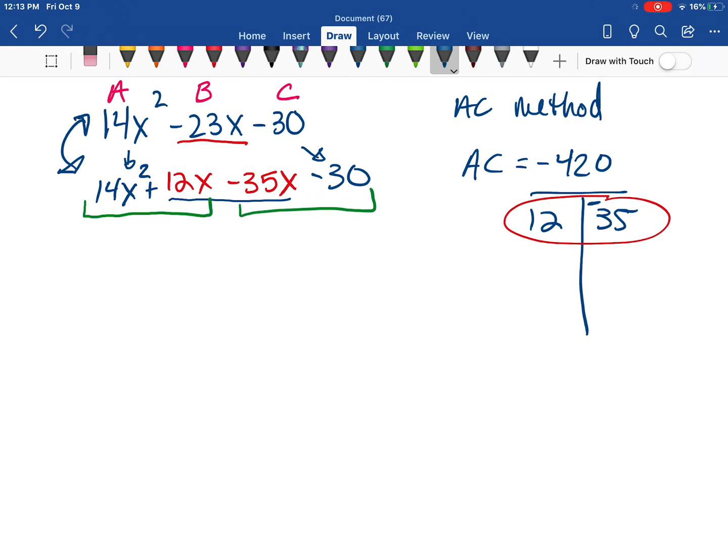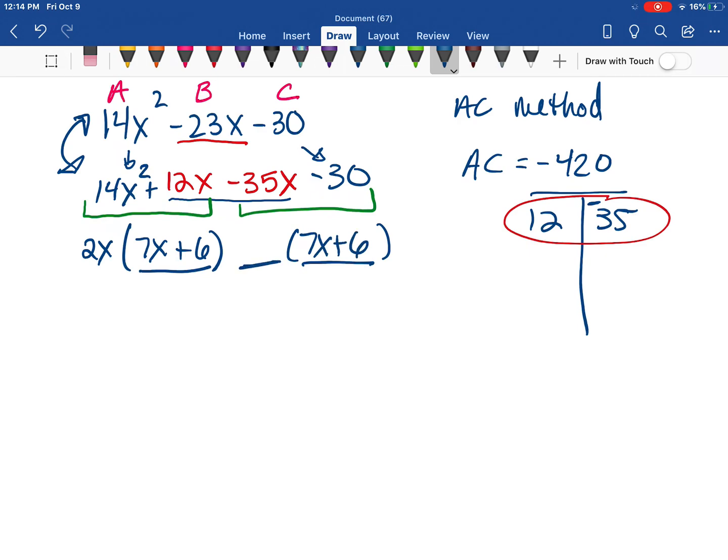So you're going to look at the first two terms and the last two terms, and you're going to factor those separately. So in the first two terms, I have a 2 and an x that's in common, and what would be left over is 7x plus 6. Now my factors, that's inside the parentheses, those two factors have to be the same.